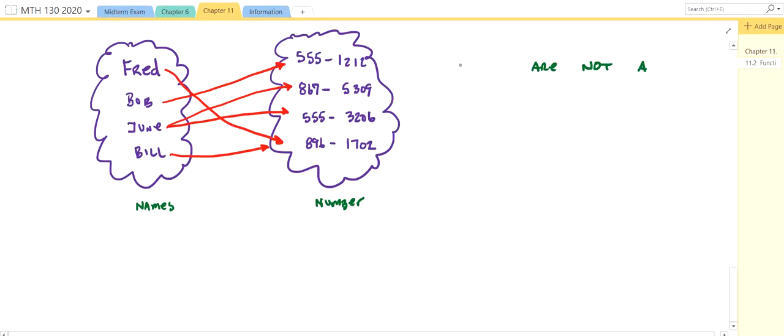Numbers are not a function of names, even though there are relationships. And the reason is because both Fred and Bill have a non-unique number.